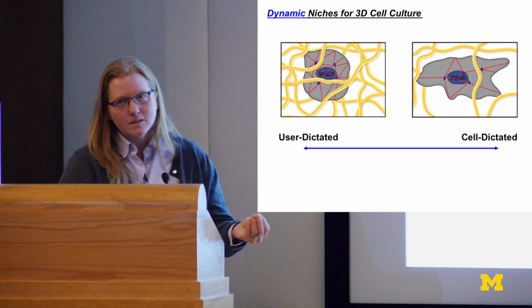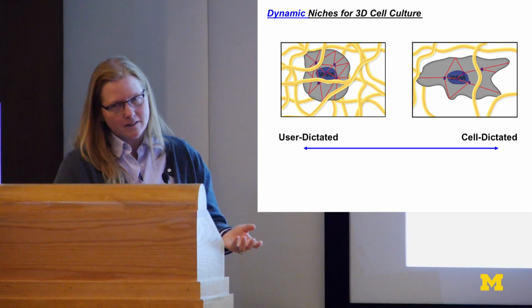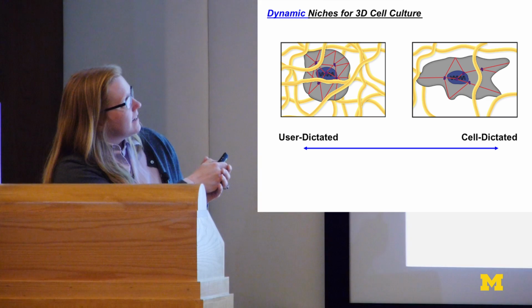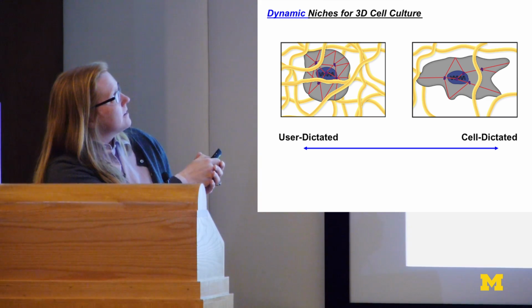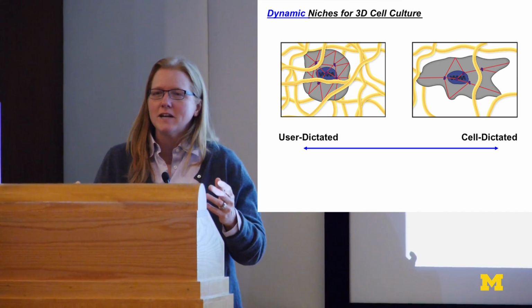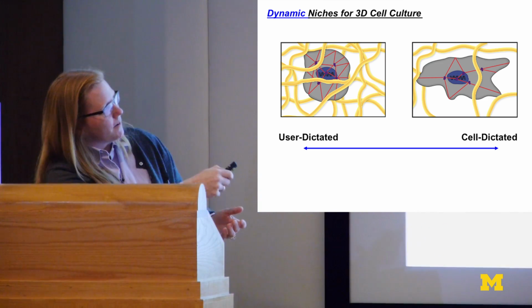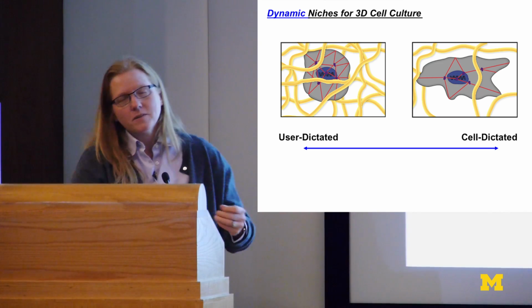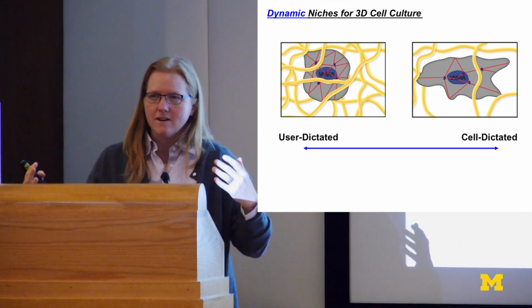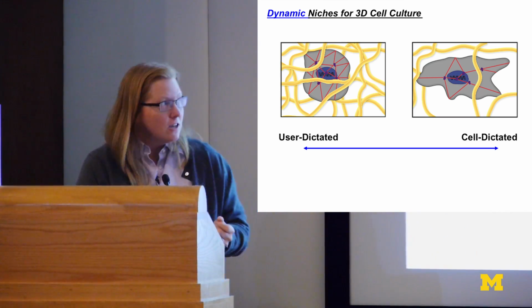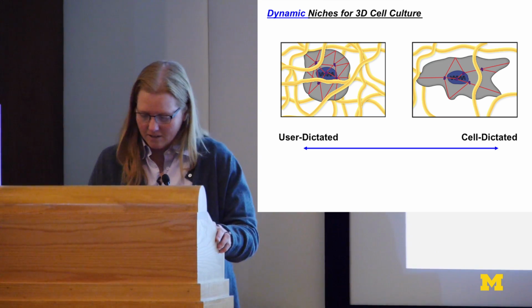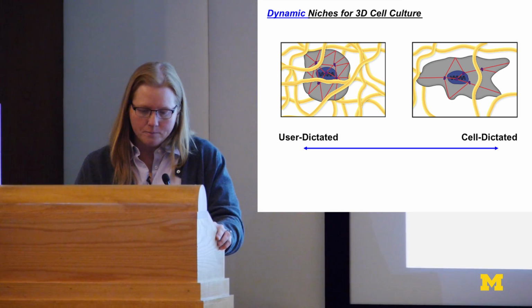And these can be physical interactions, these can be chemical interactions. So what I'd like to tell you is some of our recent efforts and how we've tried to make these matrices dynamic so that you can change from one type of environment to another in situ in the presence of the cells, and then understand how that cue influences those cells and matrix signaling.